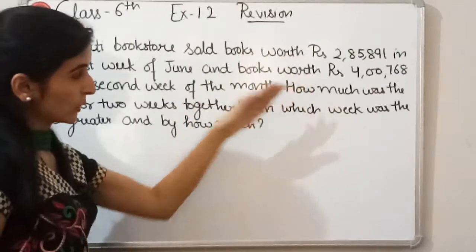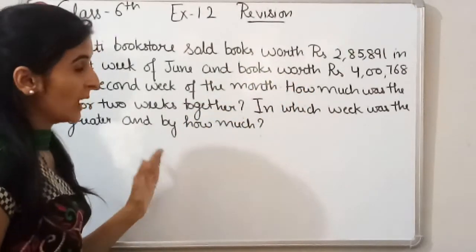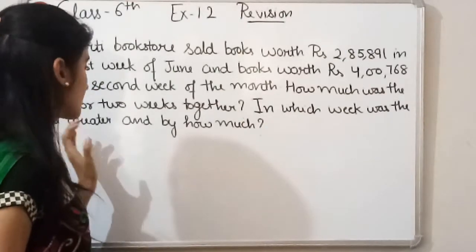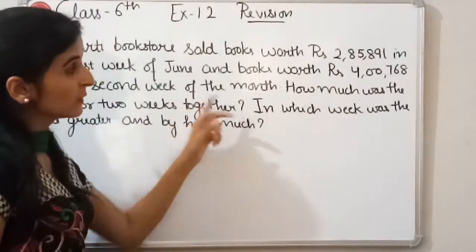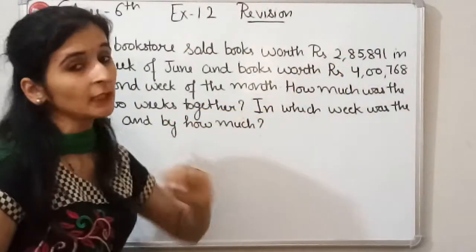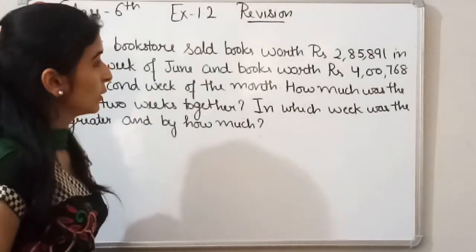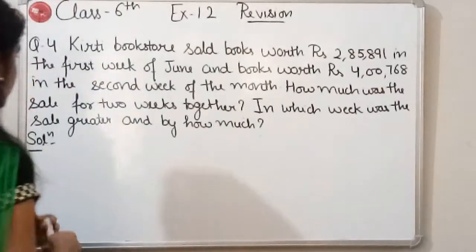After that, we have to compare in which week the sale was greater. As we can see, in the second week the sale was greater because the price in the second week was more. Then we have to find the difference between the prices of these 2 weeks. Fine. So let us start with the solution.